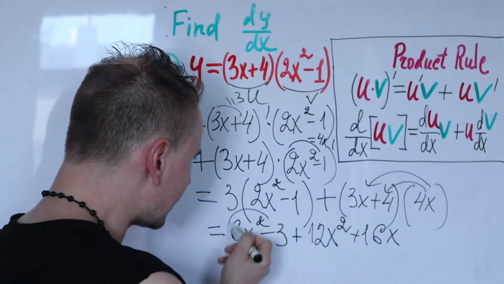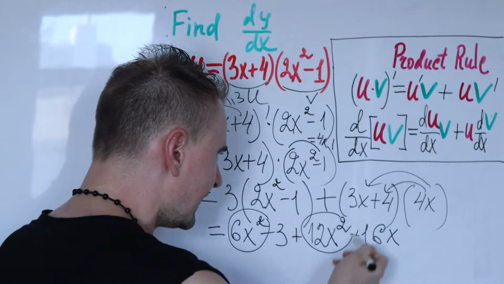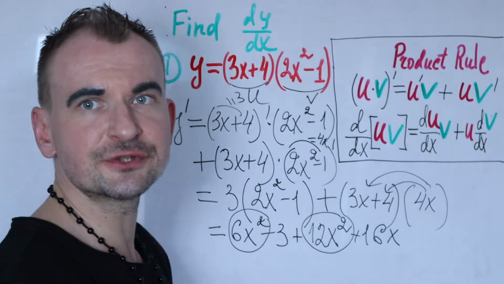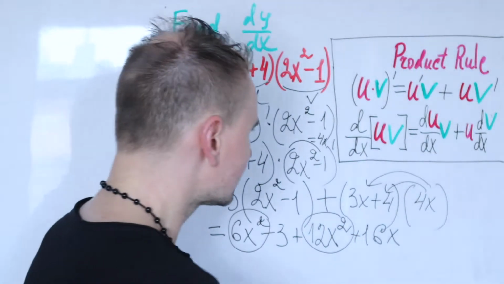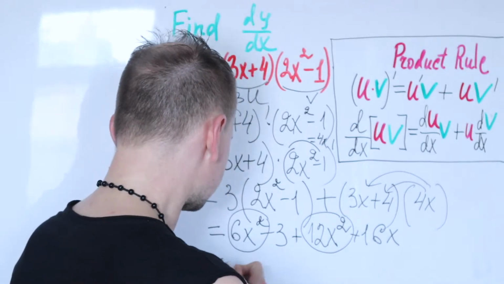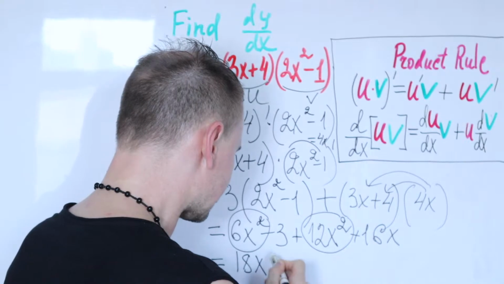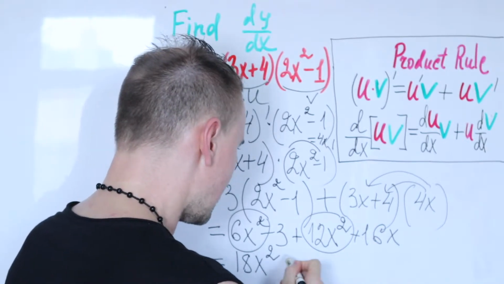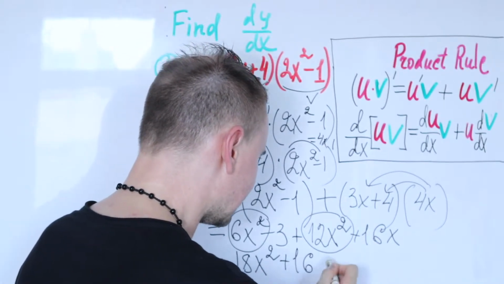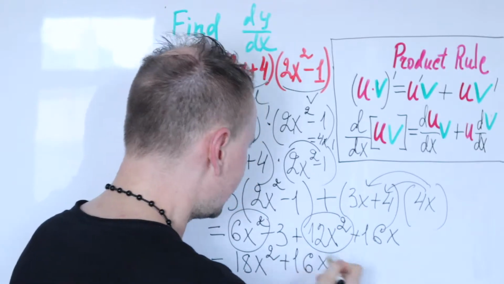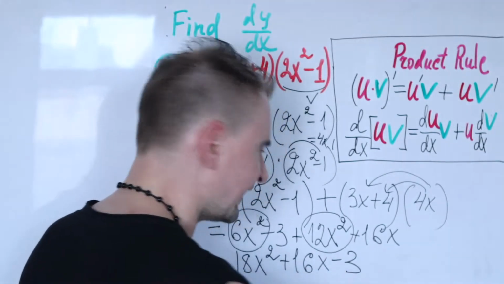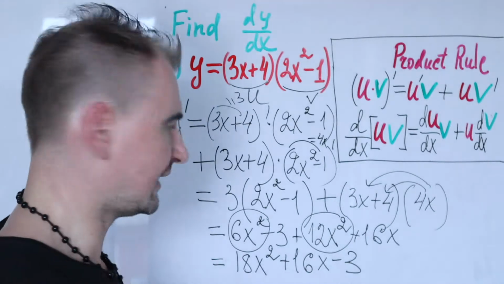And you have like terms. You have x squared, they have to come together. So it becomes 18x squared plus 16x, and you have this minus 3 at the end.